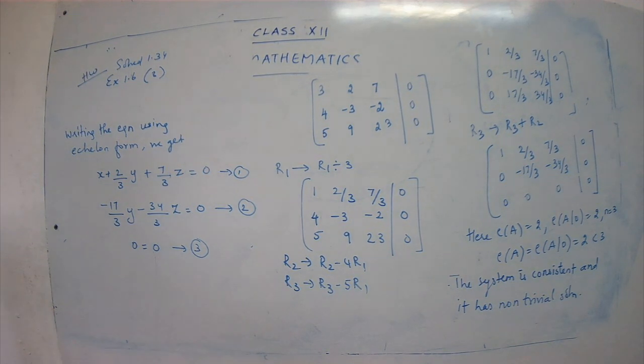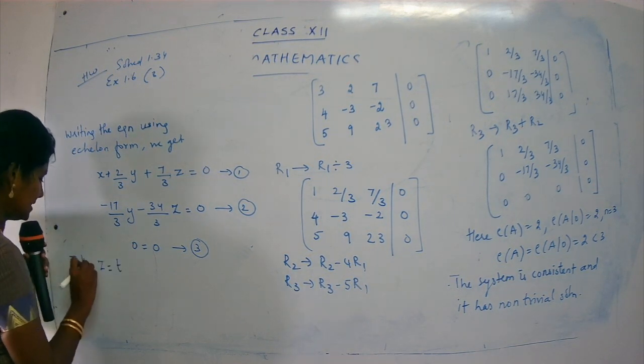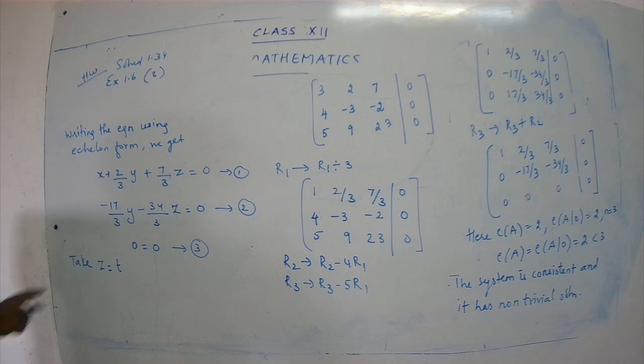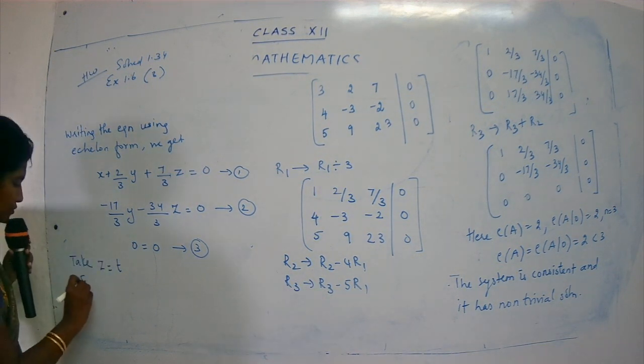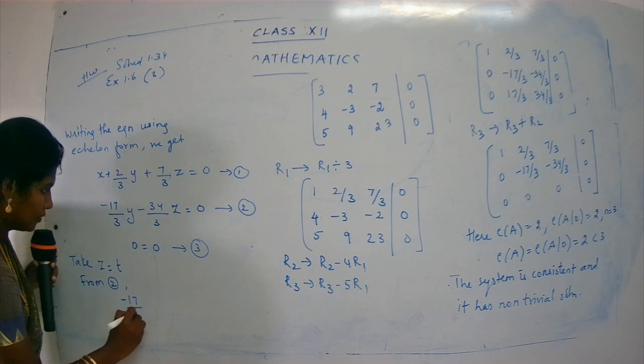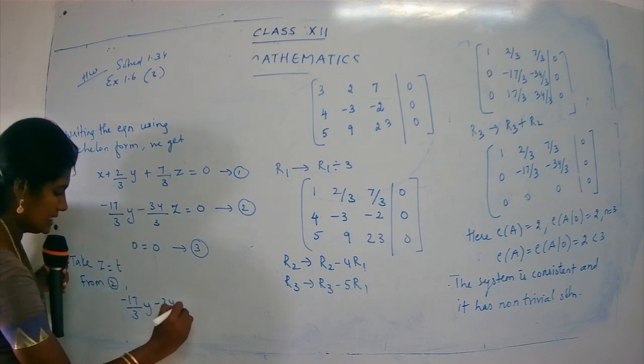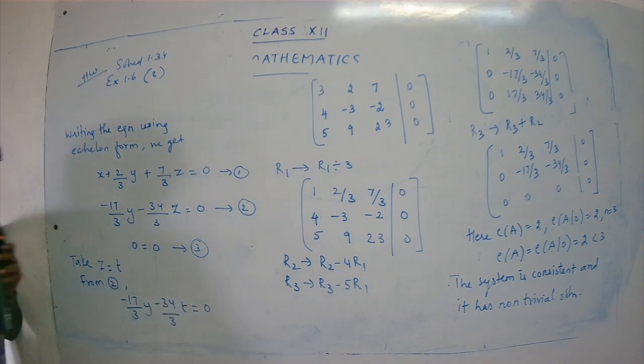So we are going to take z as equal to t. Take z is equal to t. So just go for the back substitution. So from 2, I get minus (17/3)y minus (34/3)t is equal to 0. I'm just substituting the value for z as t.